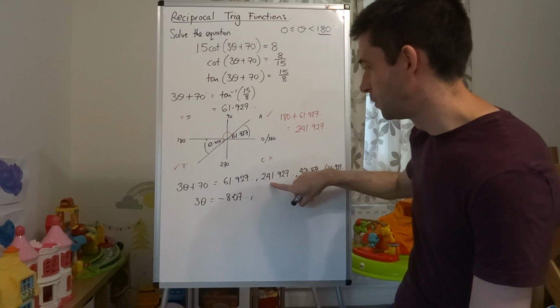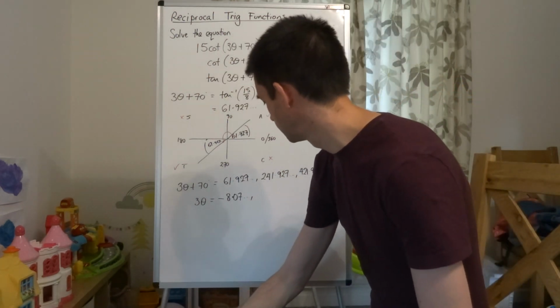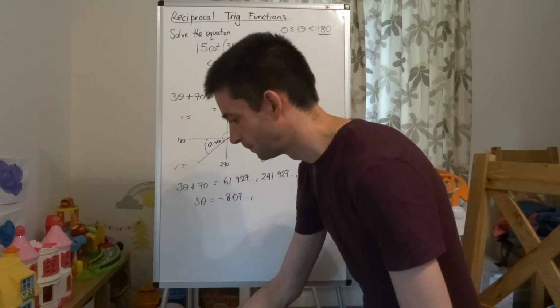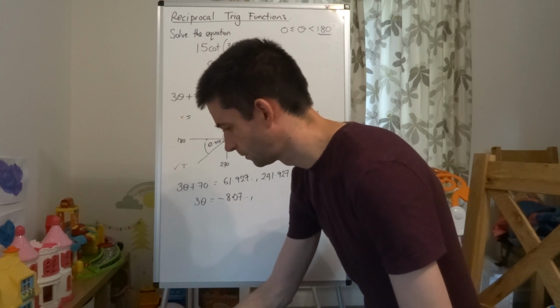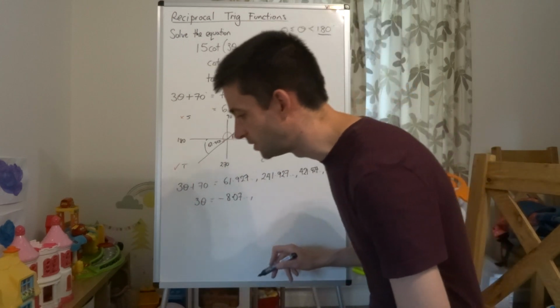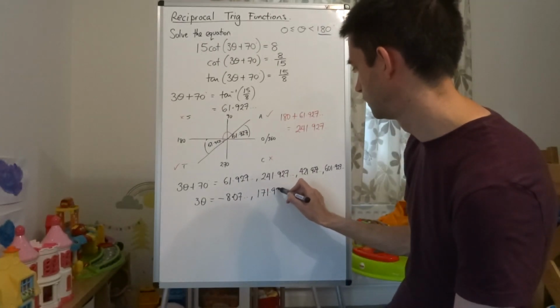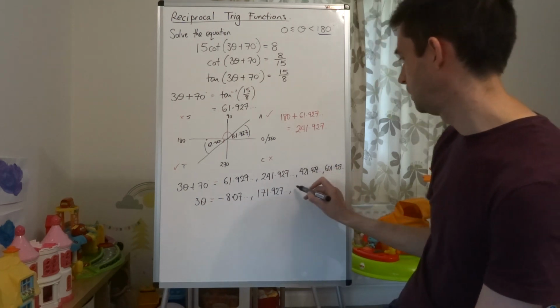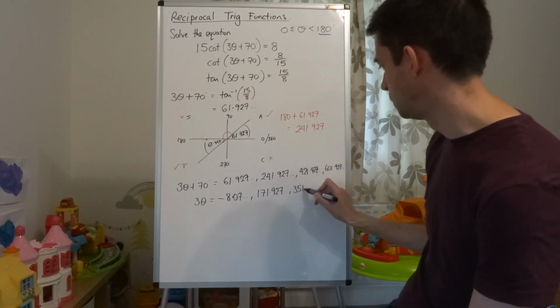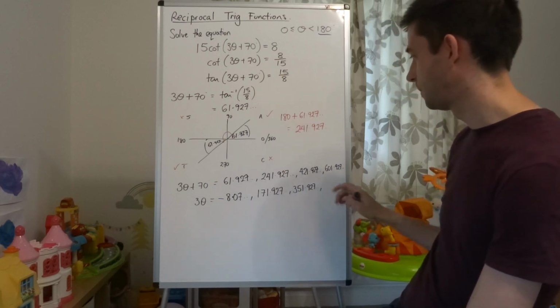241.927 take away 70 is 171.927. This one here, we're going to get 351.927.